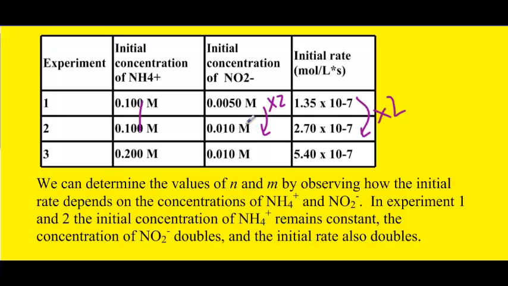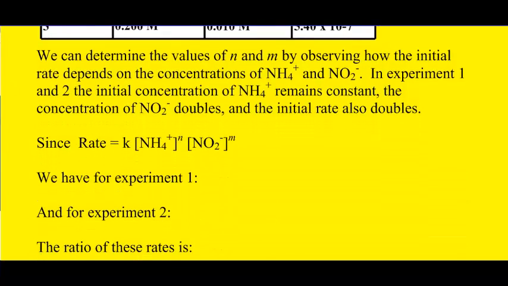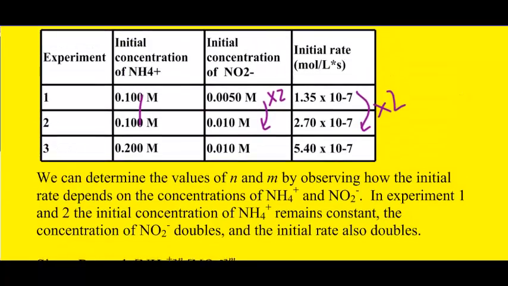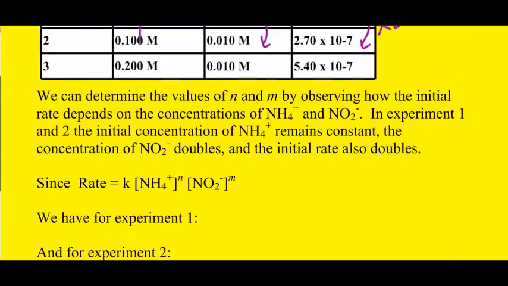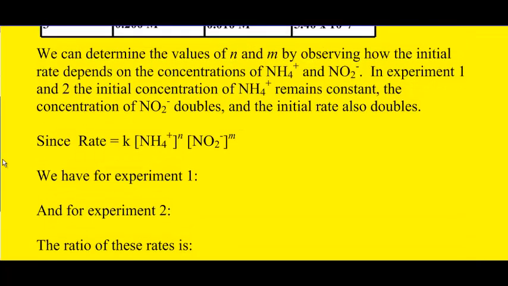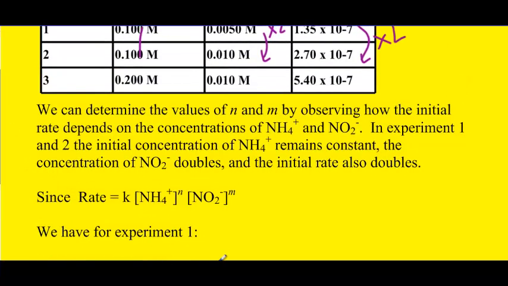So if one's constant, the concentration of one doubles and the other doubles, that tells us something about the order of NO2 minus, and we can actually calculate what we have. If we write rate laws for these, we would have for experiment 1, it's very hard to write with this.